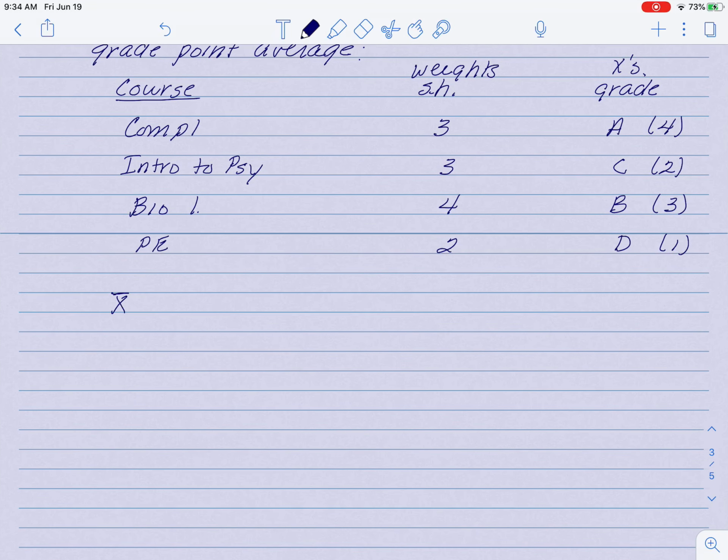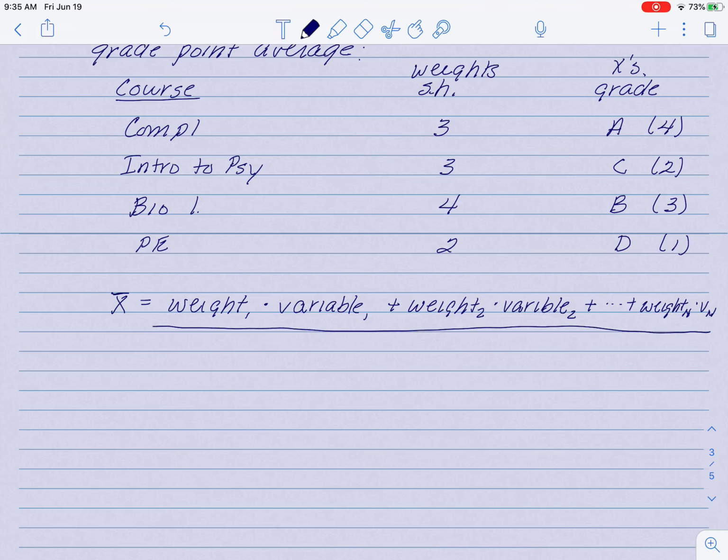The weighted mean is a sample mean, and it's going to be the weight of the first variable times the first variable, plus the weight of the second times the second variable, and you keep doing that until you get to the weight of the nth term times the nth variable. Then we divide this by the sum of the weights: weight 1 plus weight 2 plus so on down the line.